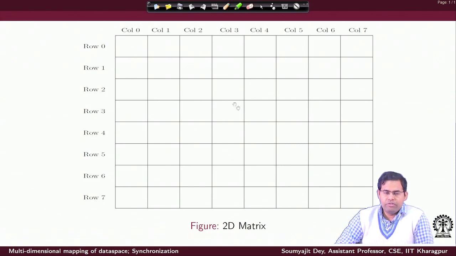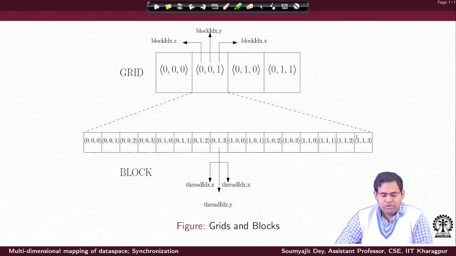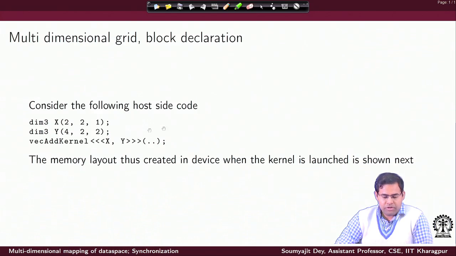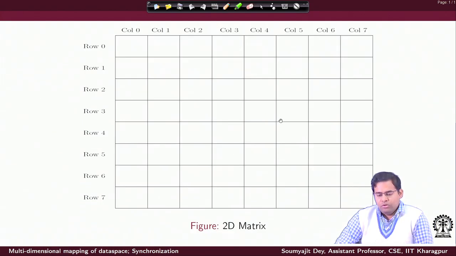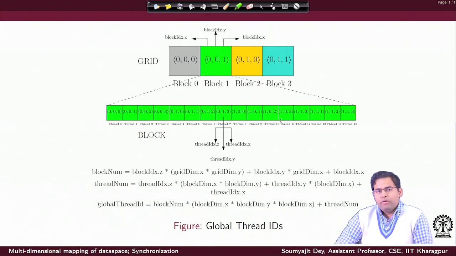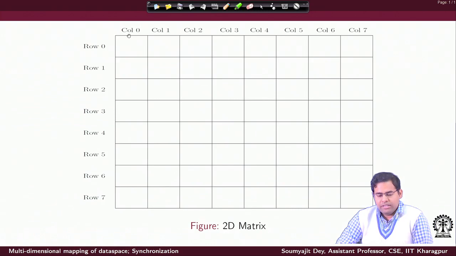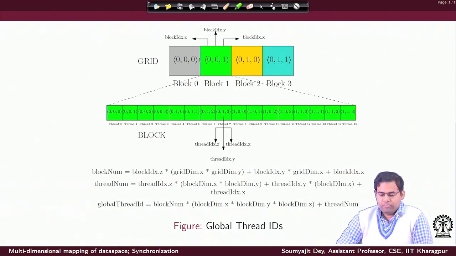And here I am trying to define a 2D matrix which is in total going to have 8 cross 8, that is 64 elements. So I can use this arrangement of threads for storing all the values of the matrix, or maybe computing the values of the matrix. So let us see how these indexes can be derived for each thread.